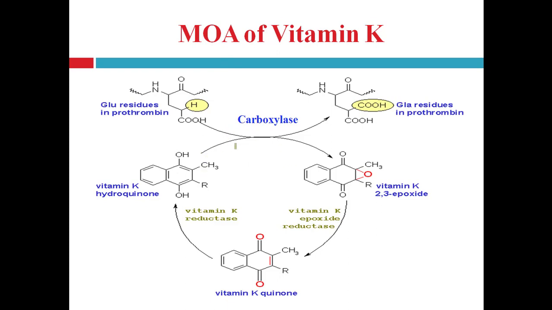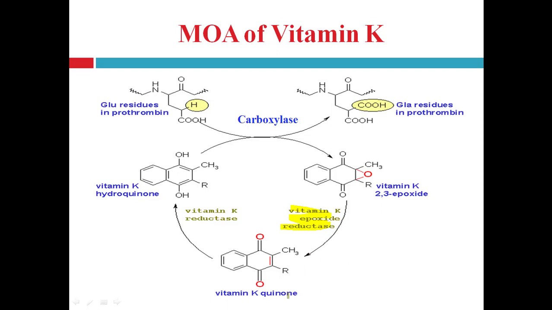Now this vitamin K 2,3 epoxide is converted into vitamin K quinone by a reduction reaction. This reduction is catalyzed by the enzyme vitamin K epoxide reductase, converting it into vitamin K quinone.